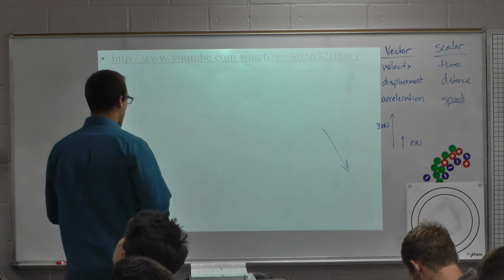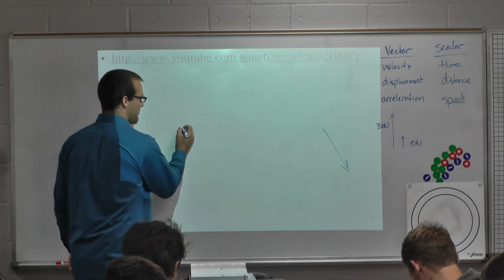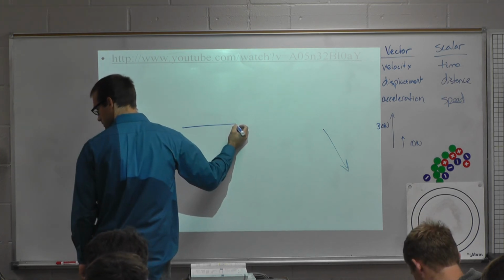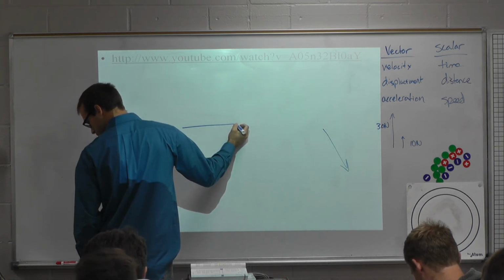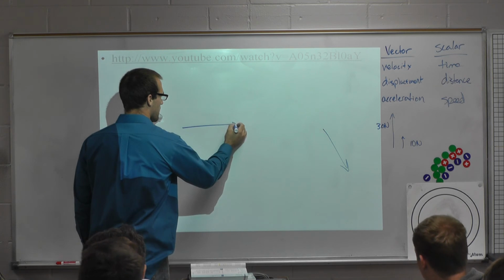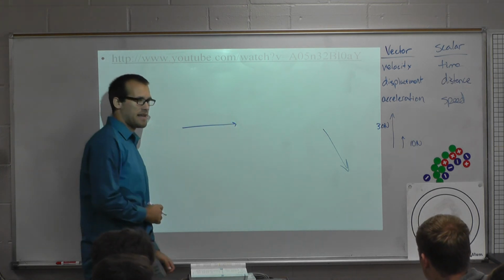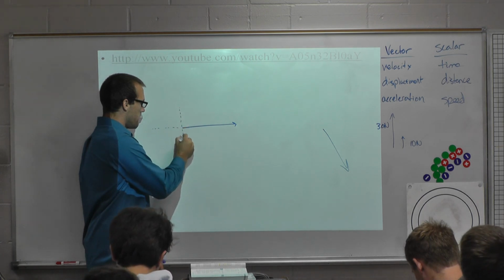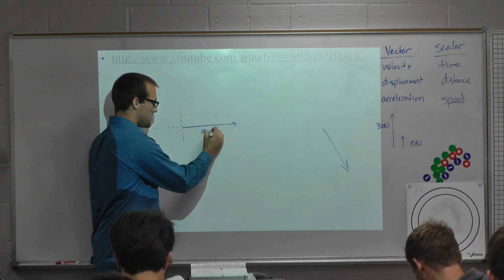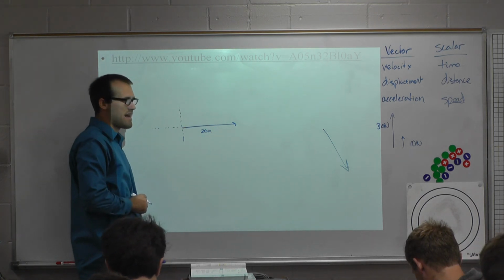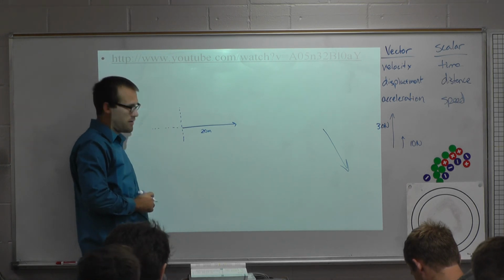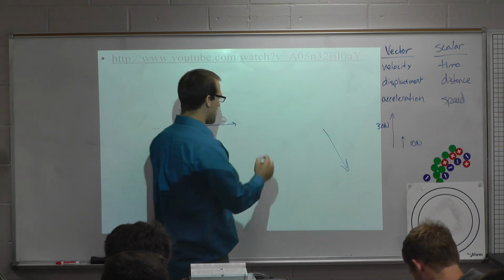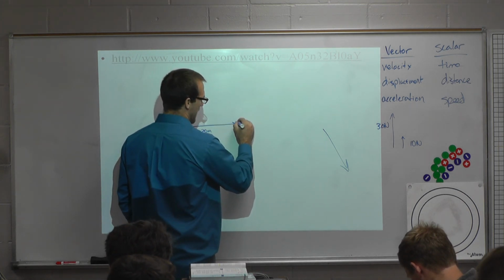So let's say I've got one where it says, I travel east at 20 meters. East is straight east, right? So if I have my XY axis here, I would say 20 meters. And then it says I turned at an angle of 35 degrees north, and I went 10 meters.